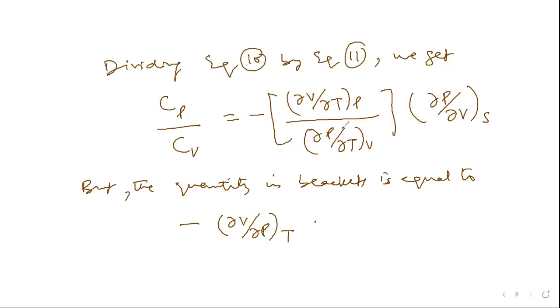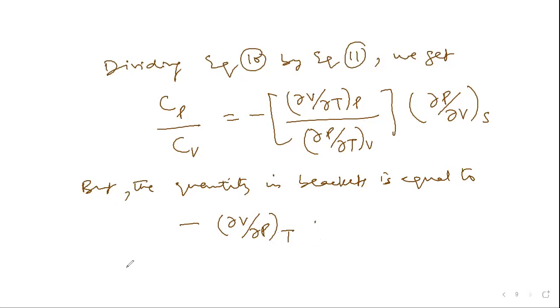Because of the cyclic rule, you can check that the quantity in brackets is equal to minus dou V by dou P at constant T.